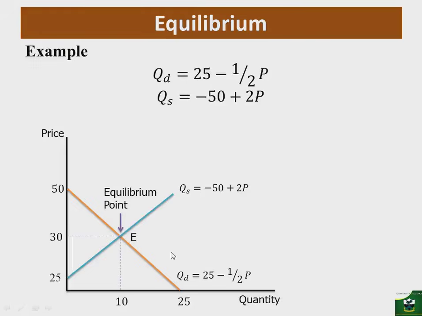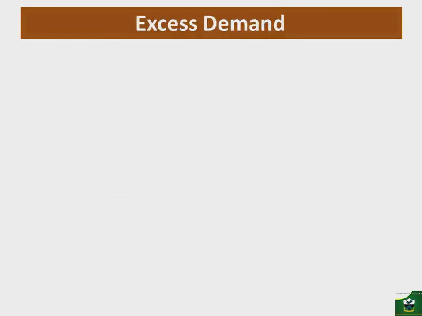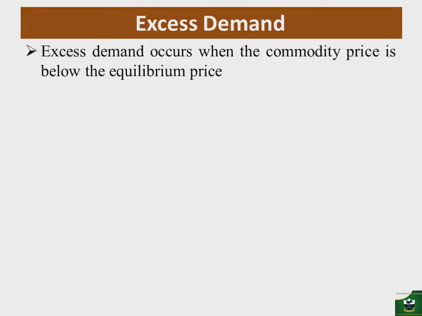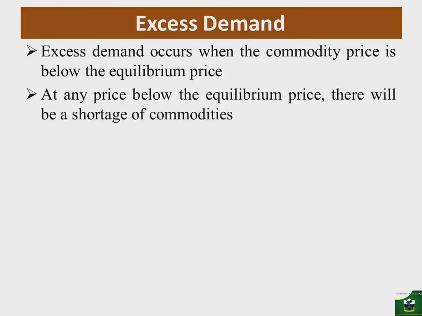Okay, so now let's look at excess demand, or simply a shortage in the market. Excess demand occurs when the commodity price is below the equilibrium price. At any price below the equilibrium price, there will be a shortage of commodities.